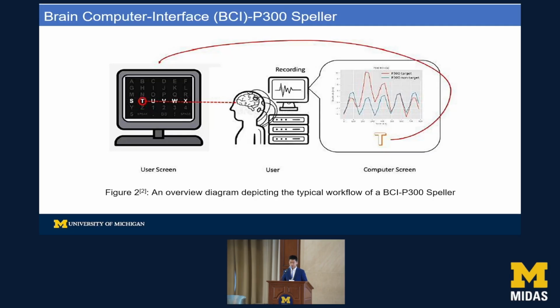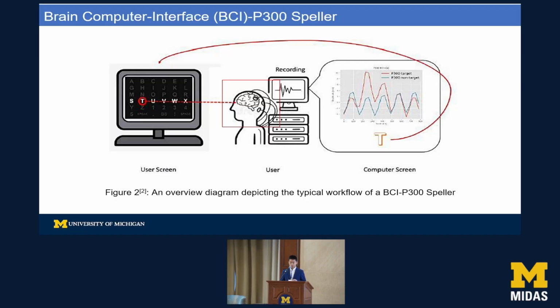Once they flash, the user will have a response to that, and that will evoke an event-related potential, called ERP, in the user's brain. You see some devices attached to the scalp of this user, and they record those signals.